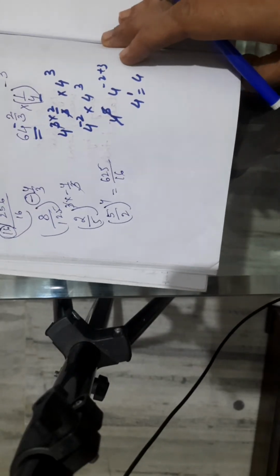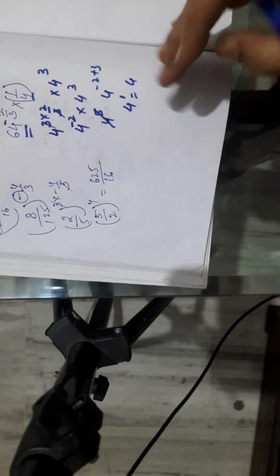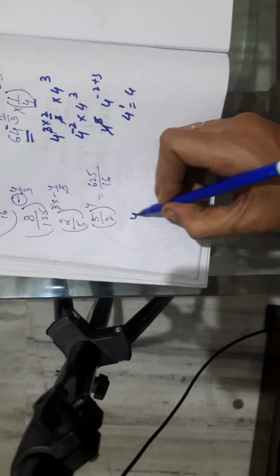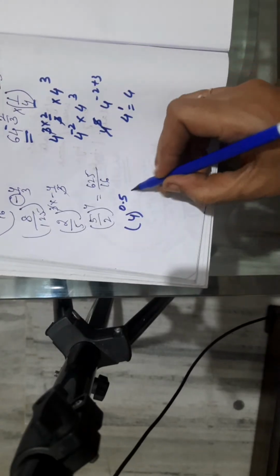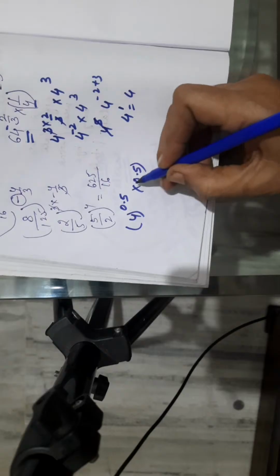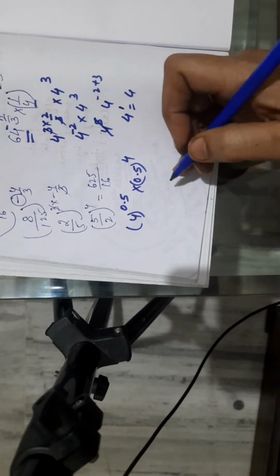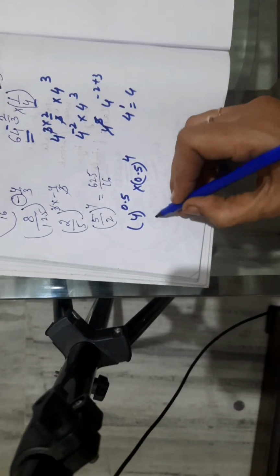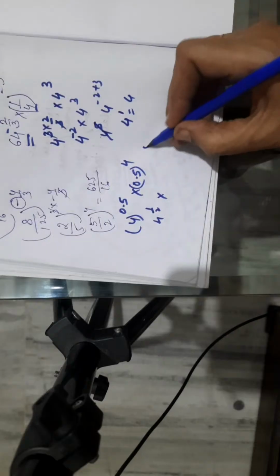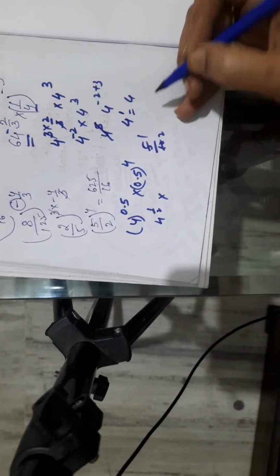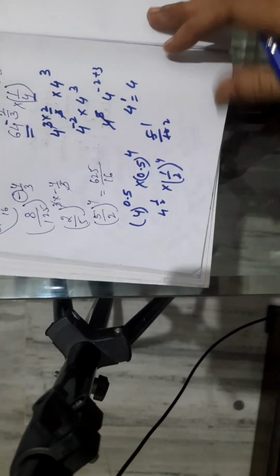Next one is like 4 raised to power 0.5 multiplied by 0.5 raised to power 4. Here 0.5 is nothing but power half, and 0.5 is 5 upon 10. So this is 1 by 2. 1 by 2 raised to power 4.